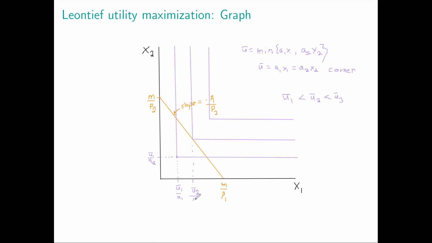So this is U bar 2 over A2, and this is U bar 1 over A2. Sorry, U bar 2 over A2. Oh, and this is supposed to be A1. Sorry, my bad. A1. So we have this, and this will be the optimal thing.